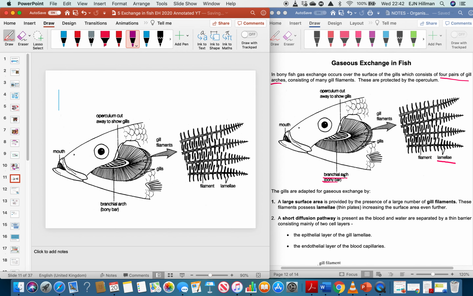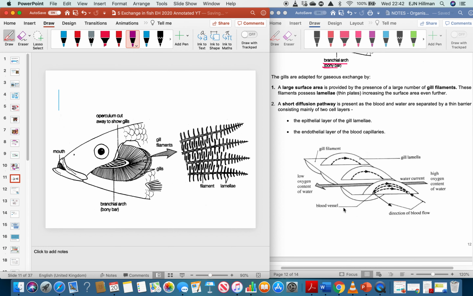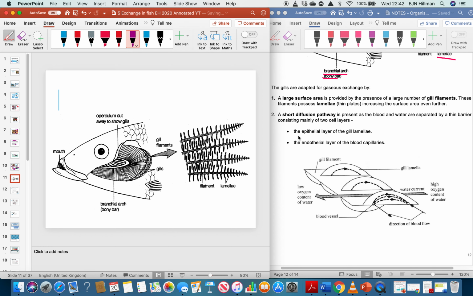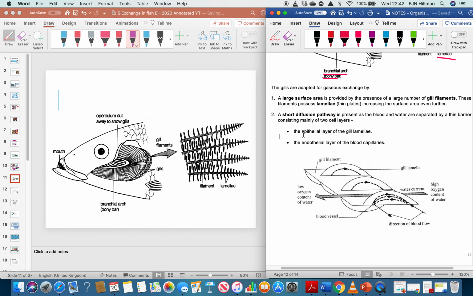Okay, then you have this diagram in your notes. I've just mentioned that: the epithelial layer of the gill lamellae and the endothelial layer of the capillary, so just 2 cells separate the water from the blood.